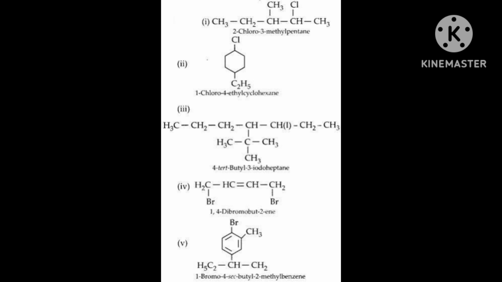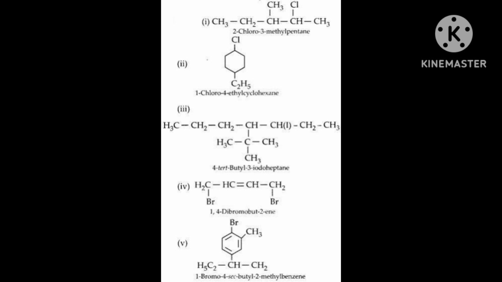Obviously, because halogen is more electronegative, it will create a charge, and when it creates the charge, it is called polarized. The carbon atom bears a partial positive charge, whereas the halogen atom bears a partial negative charge, because the bond is covalent. Then partial positive and negative charge will be developed.